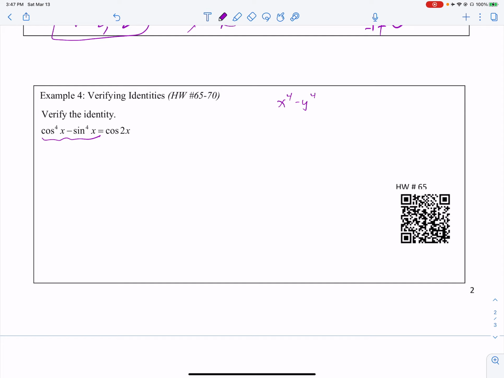If I had x to the 4th minus y to the 4th, that's x squared plus y squared times x squared minus y squared. It's a difference of squares. It's kind of like if it was x squared minus y squared, it would be x plus y, x minus y. But they're to the 4th, so x squared plus y squared, x squared minus y squared.